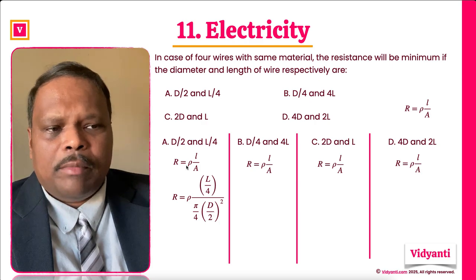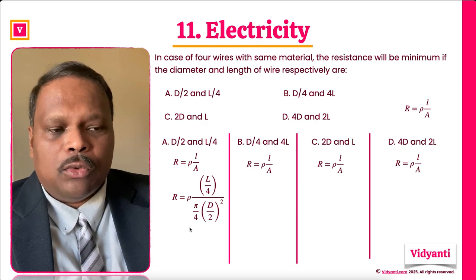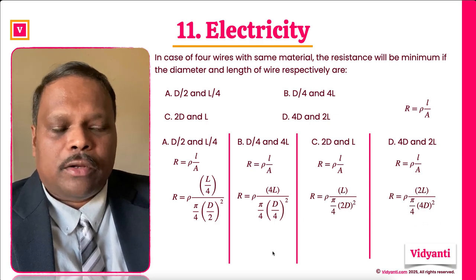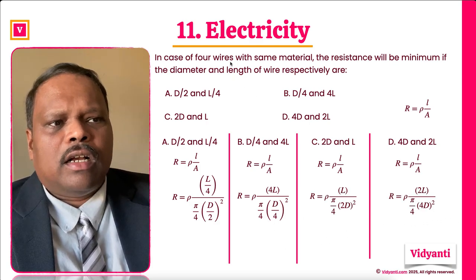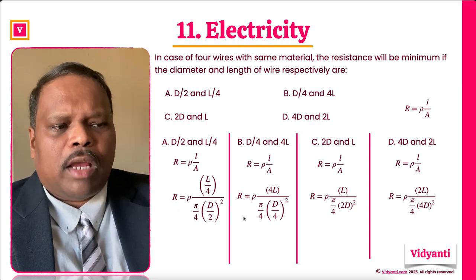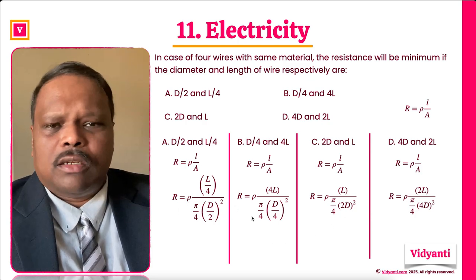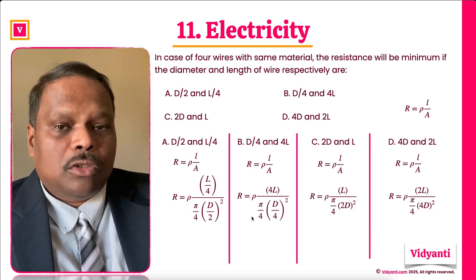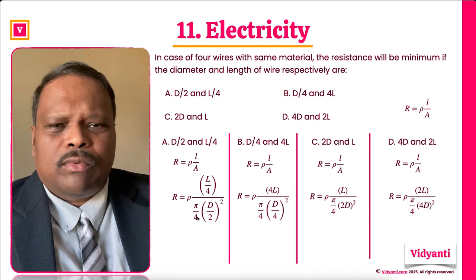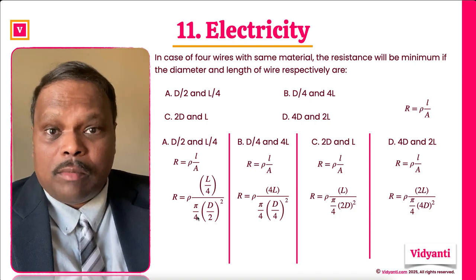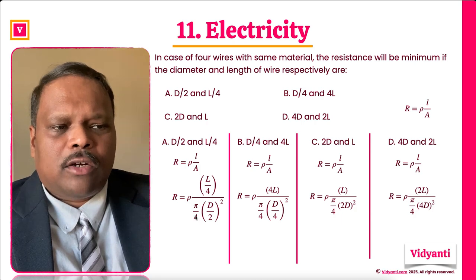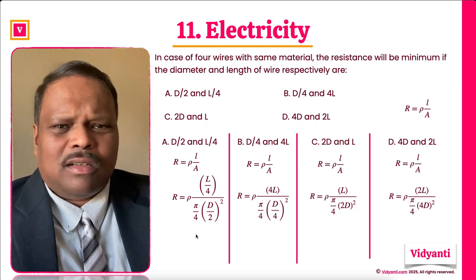So in place of the diameter, I'm going to represent d by 2. If you write that for all 4 scenarios, you will notice that since the material is the same, rho is the same for all 4 scenarios, and pi by 4 is just a constant, so that's not going to create any differentiation. So let's assume that rho divided by pi by 4 is just a constant k, which is uniform in all 4 scenarios.